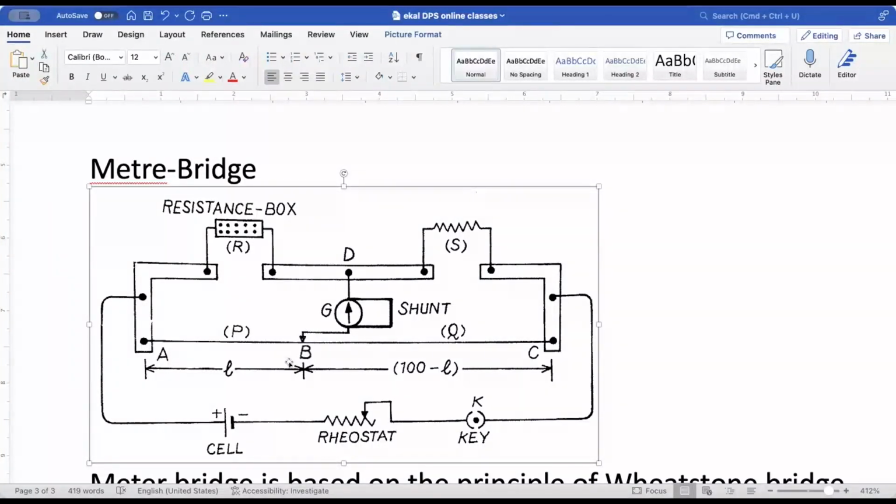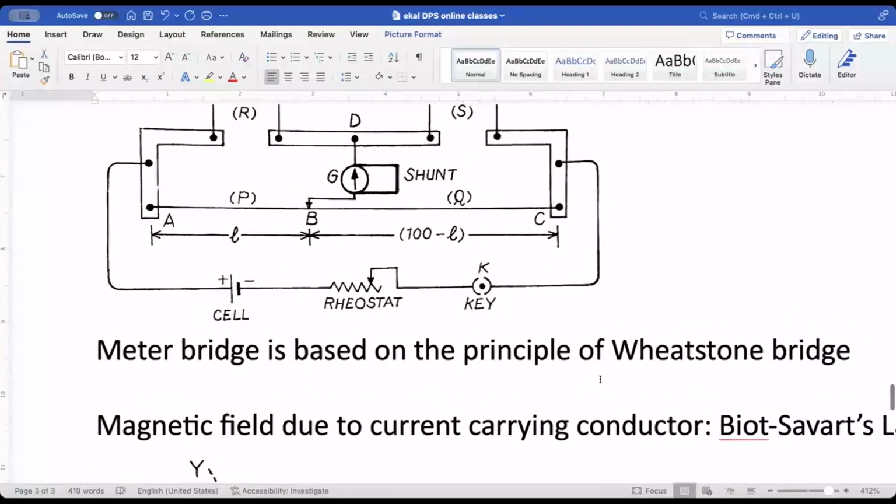This point B, where the galvanometer shows no deflection, is called the null point. We find the length of both parts AB and BC. Let's say AB is L, and BC will be 100 minus L.